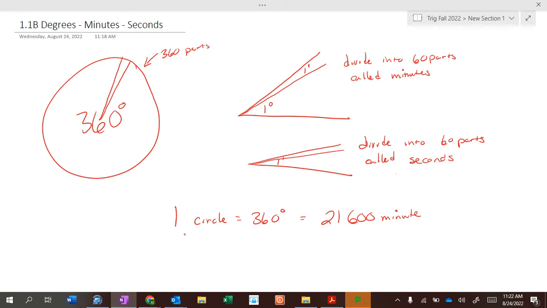So you can divide a circle into 21,600 parts. And then if you take 21,600 times 60, you get a big number then. Like 1.2 something million, right?